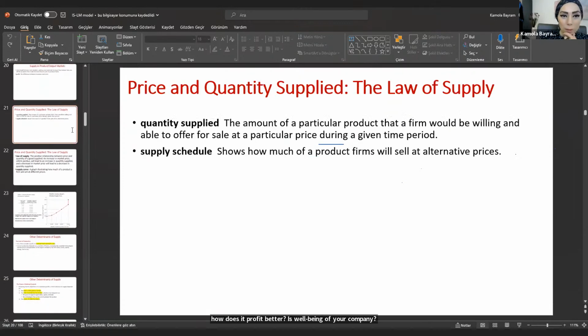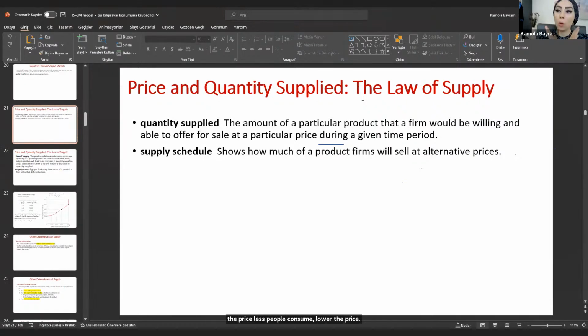Well, now, price and quantity supplied, the law of supply. We already saw the law of demand, which says that the higher the price, the less people consume, and the lower the price, the more people consume.